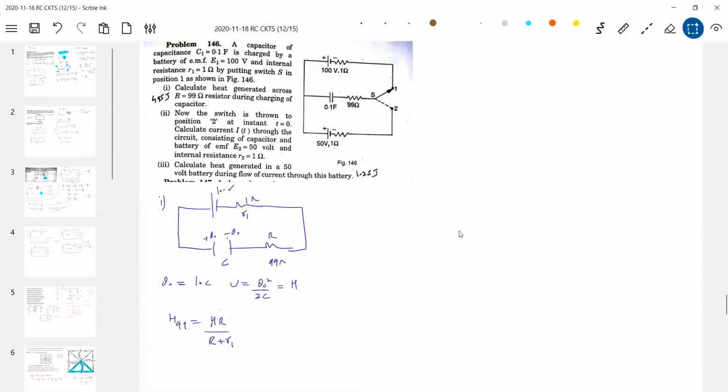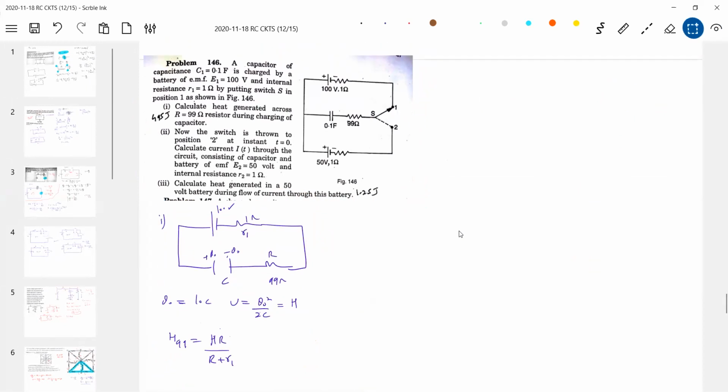We will get tempted to go for integration. Not needed, no. We know that a variable current flows here, but don't go for getting an expression for current and then integrating. It'll be very lengthy. This will be a much easier method.